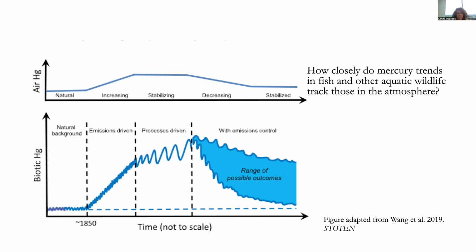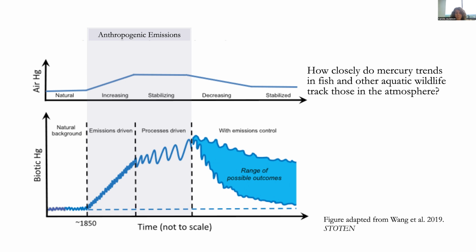After that, things get a little bit more chaotic. And so we get some noise in the signal, some feedbacks going on in the biotic mercury that we don't see coming directly from the atmosphere. So a little bit of disconnect between the air mercury concentrations and the biota concentrations.